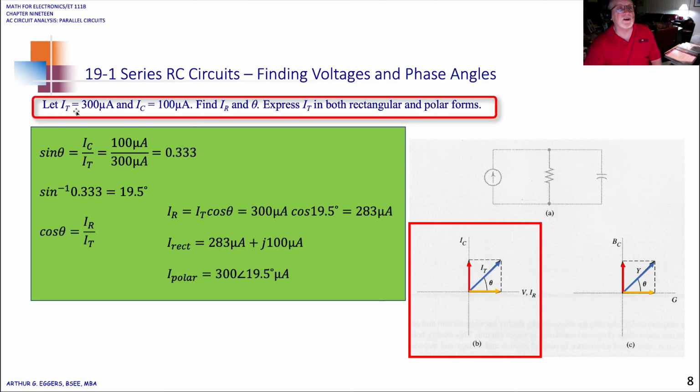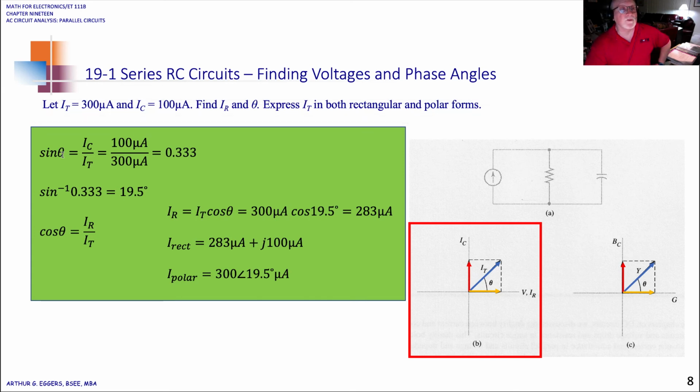Changing the values here, I sub T equals 300 microamps, I sub C equals 100 microamps, and we're going to find the current through the resistor and the phase angle. In every case, they're going to ask you to solve for the rectangular and the polar forms. So sine theta, I C over I T, we get 0.333. Taking the inverse, we get 19.5 degrees.